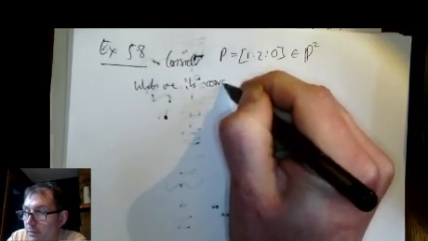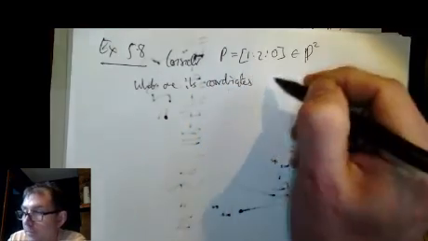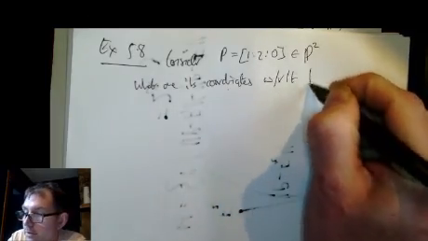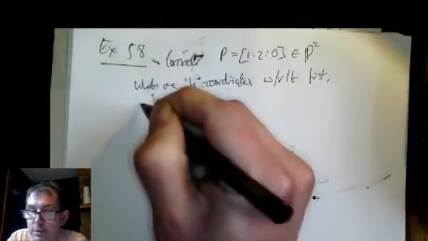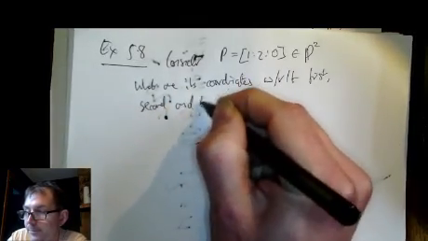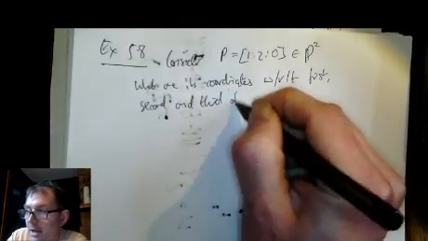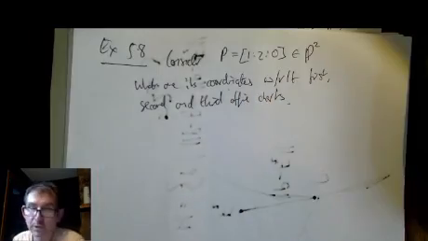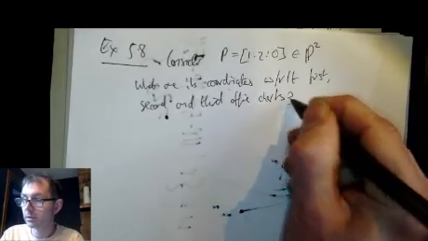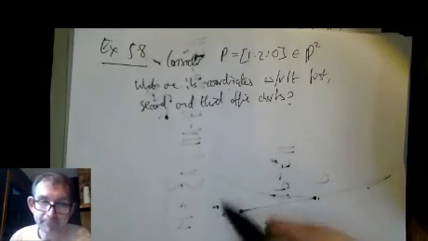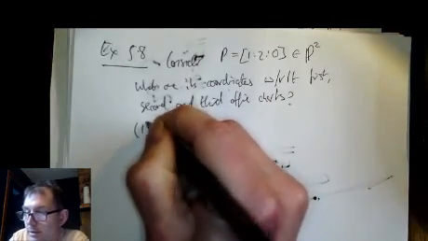So it's affine coordinates with respect to the first, second, and third affine charts. Okay, so this is partly a trick question, but let's go through it.